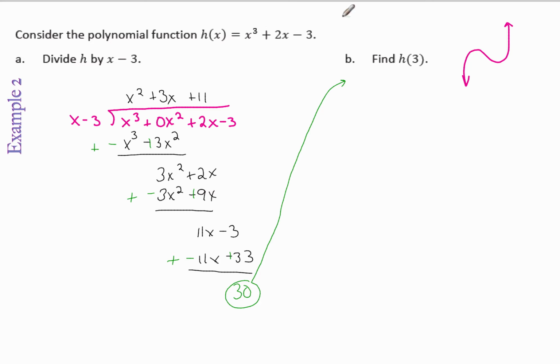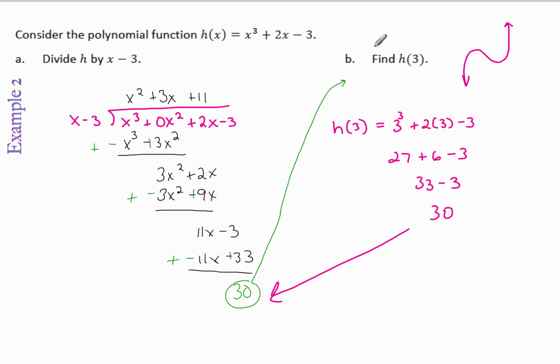All right, so when we take 3 and put it into the polynomial h, 3 cubed is 27. 27 plus 6 minus 3, that's 33 minus 3 is 30. Wow. So I think you can see where I'm going with this.